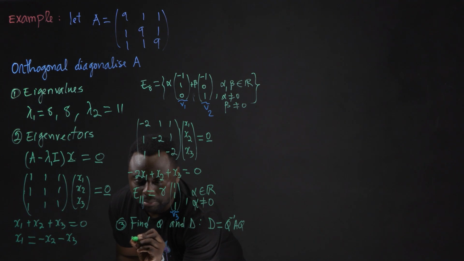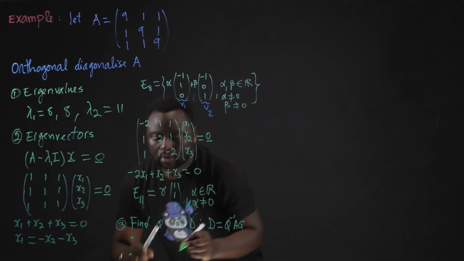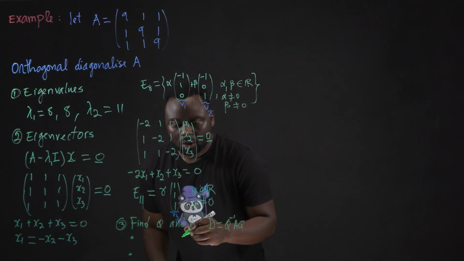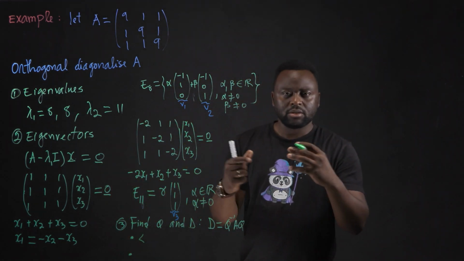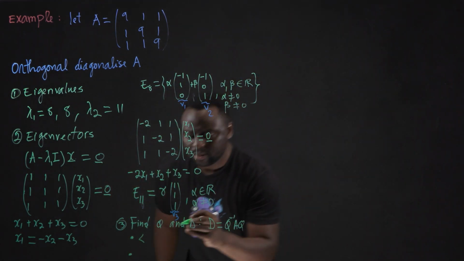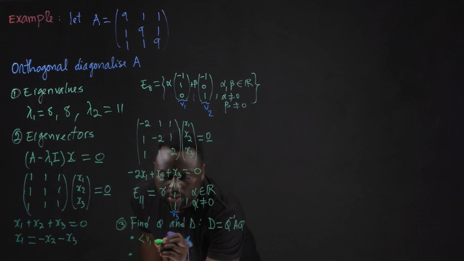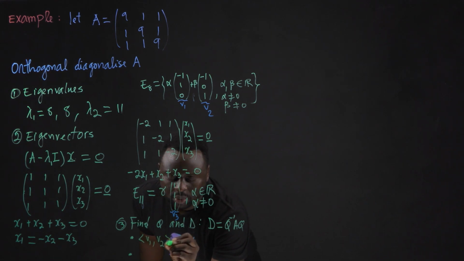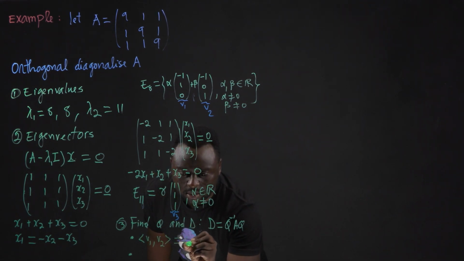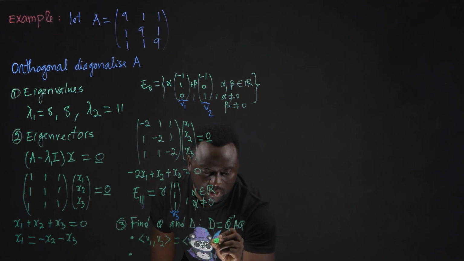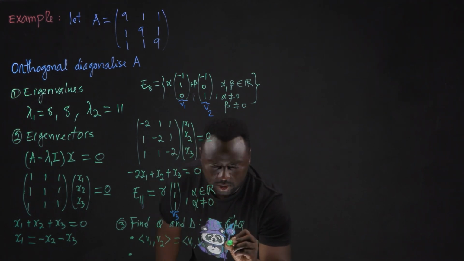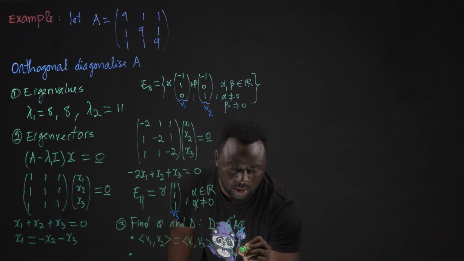To do this, we have two steps. The first step is to make sure that the vectors are mutually orthogonal. What does that mean? The inner product of V1 and V2 should be 0, as well as V1 and V3, as well as V2 and V3.